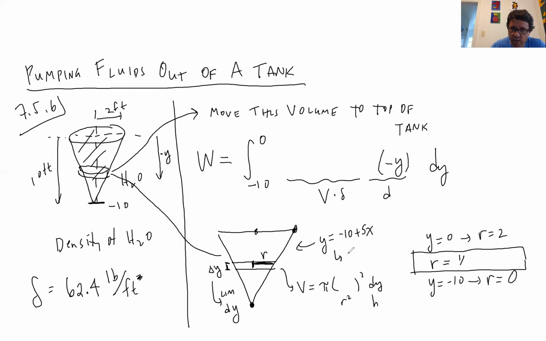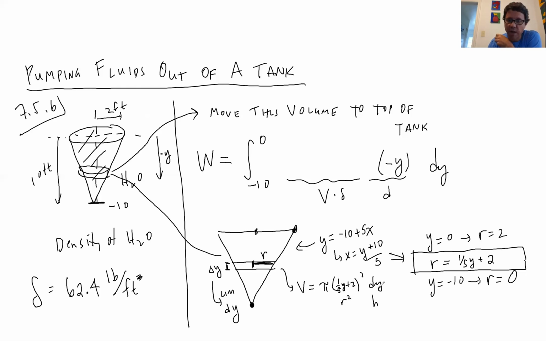So I need to bring the 10 over: y plus 10 over 5. And that will be in my radius function. So I'll have technically 1/5 y plus 2. That will be my radius.